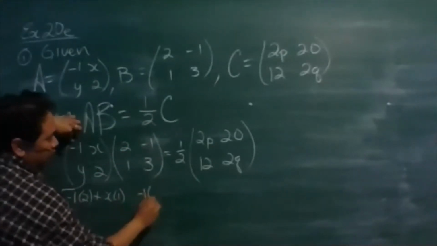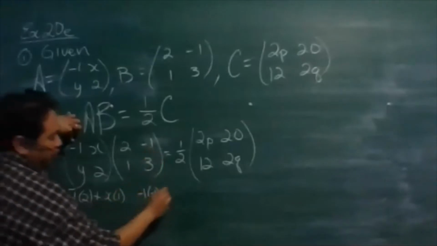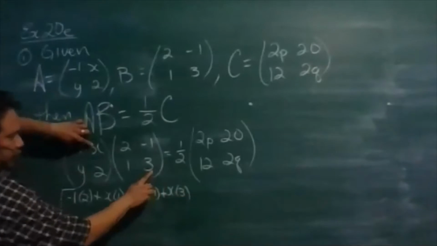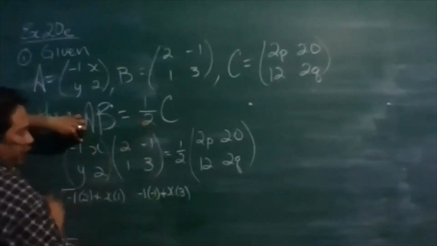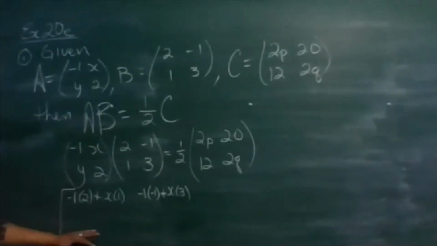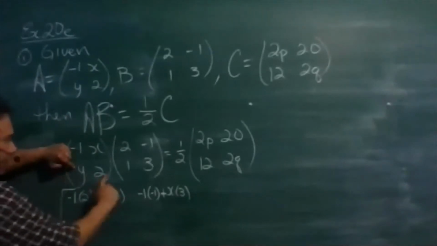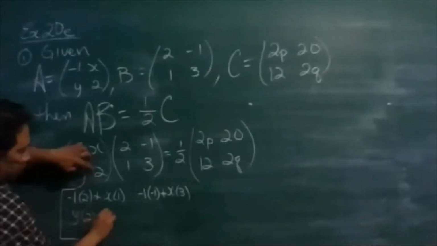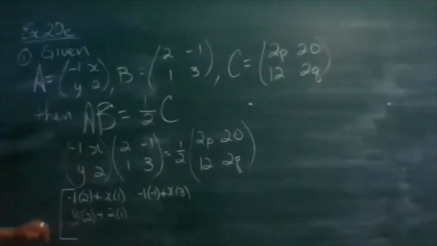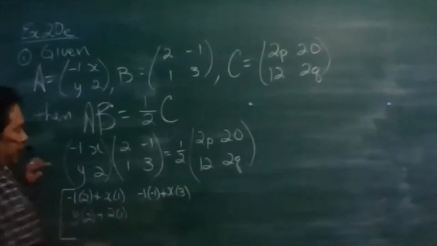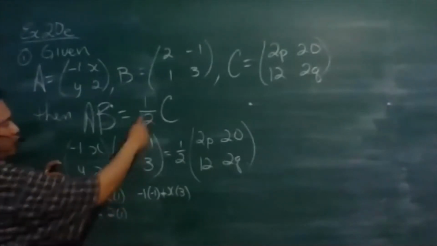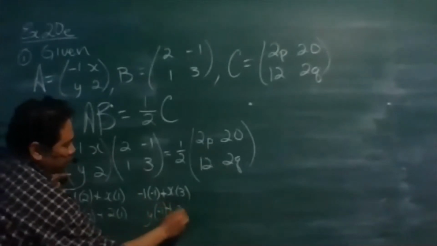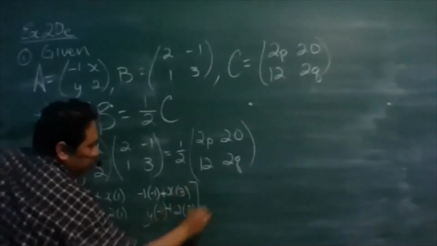So we'll see negative 1 times negative 1 plus x times 3. Then for the third element, second row, first column. So y times 2 plus 2 times 1. And then for the final element, second row and second column, y times negative 1 plus 2 times 3.